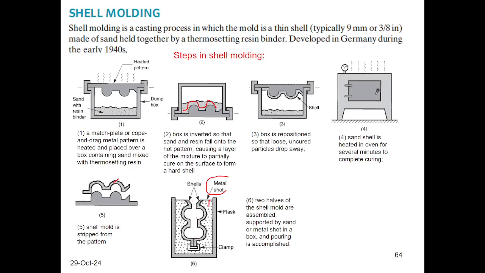It is the cavity, and then into this cavity we pour the molten metal, and after the solidification stage, we take it from the flask. That is shell molding. We do not have a bulk of sand, but we have thin shells made of sand.